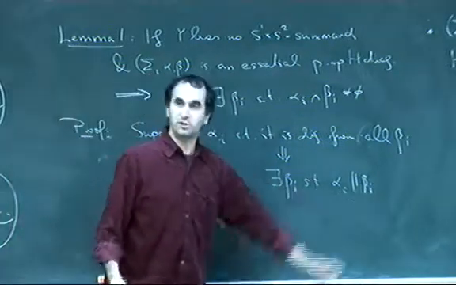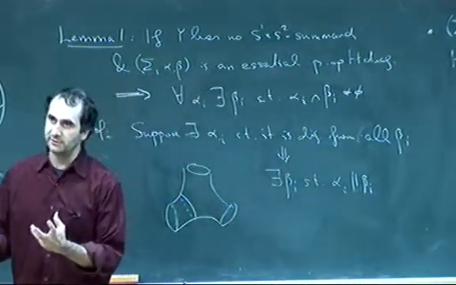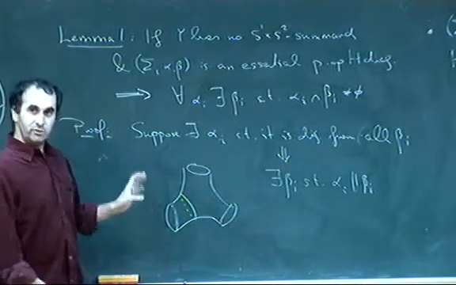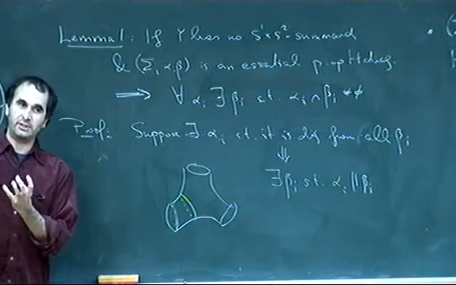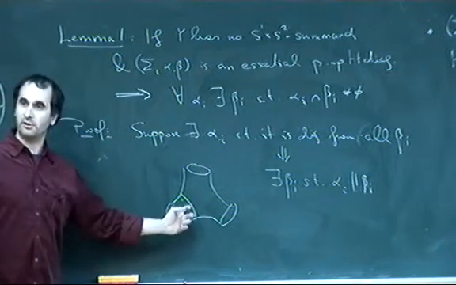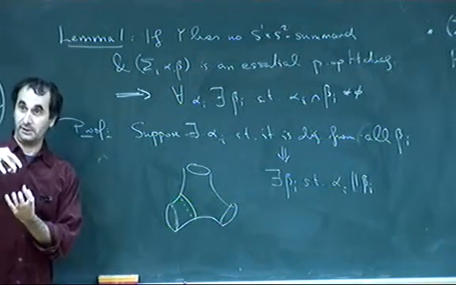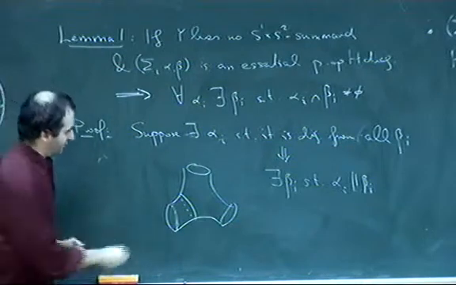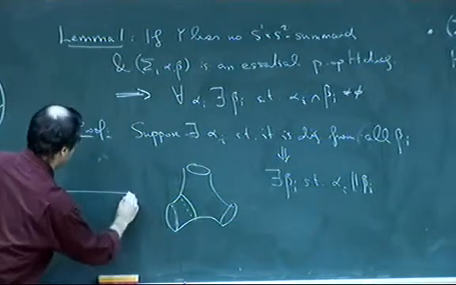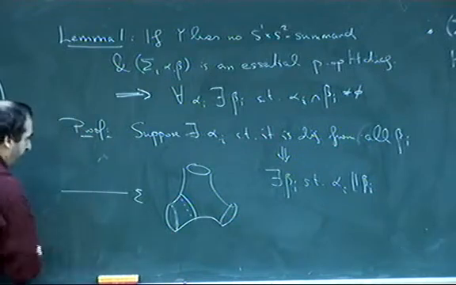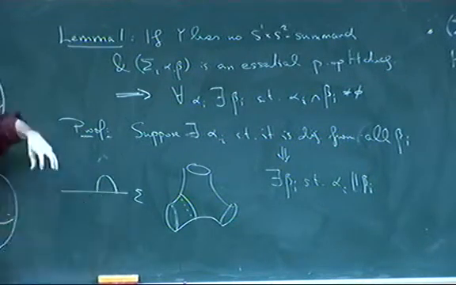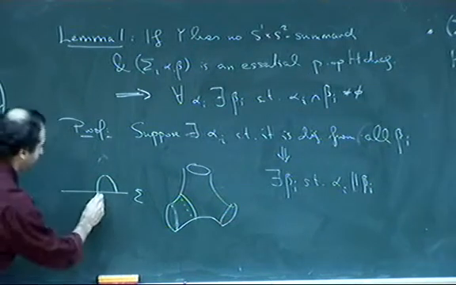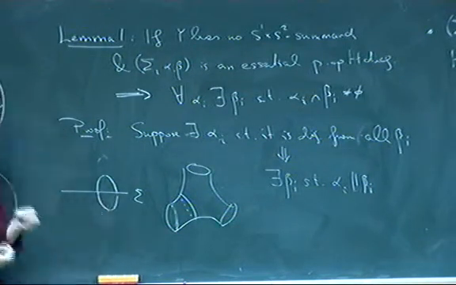Both are homologically essential curves on the surface, and so how do we create our 3-manifold? We just add 3-dimensional two-handles along the alphas and the betas, right? So here is my Σ. When I add the two-handle along α, I create a half disk, and when I add the two-handle along β, I create another half disk.